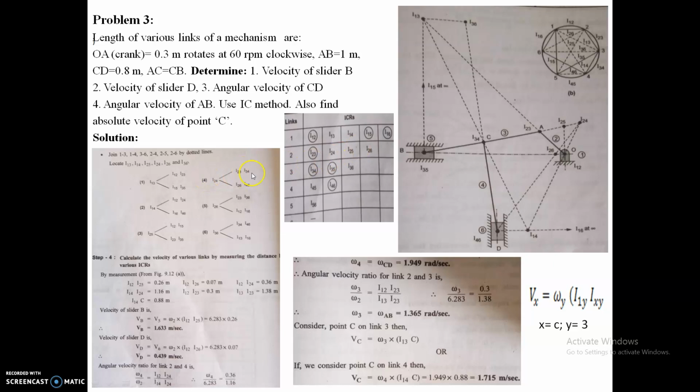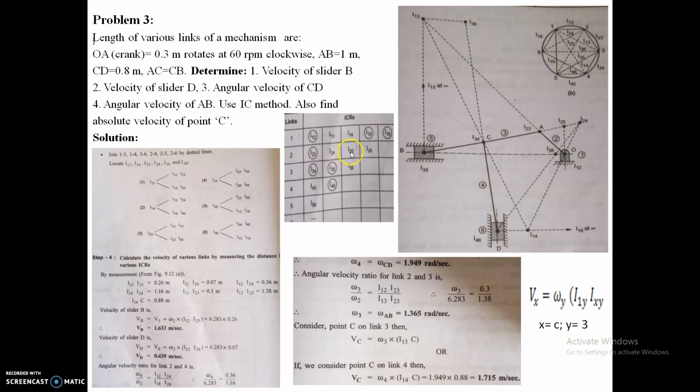Okay, let us take the second row. The second row is link number 2. So the first suffix 2 is fixed: 2, 2, 2, and 2. Initially, the next value onwards from 2 is 3, so I see IC 2, 3. The 2 is fixed, and after the 3 you take 4, so I see IC 2, 4.